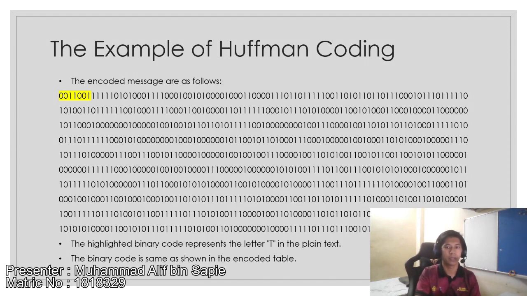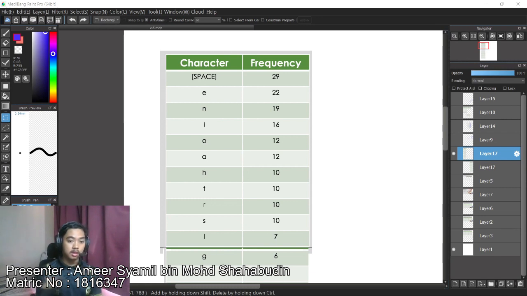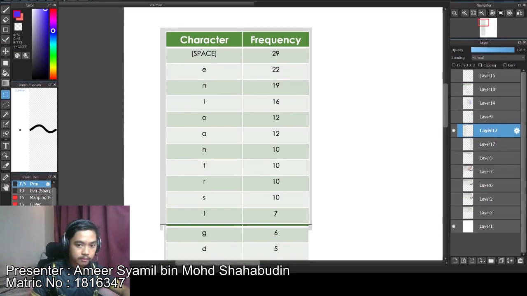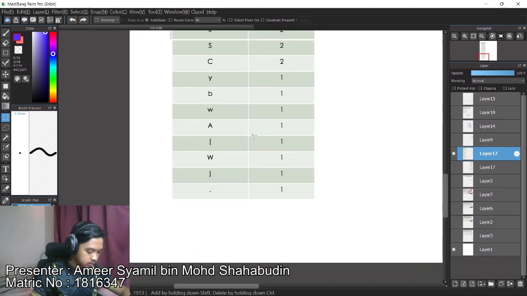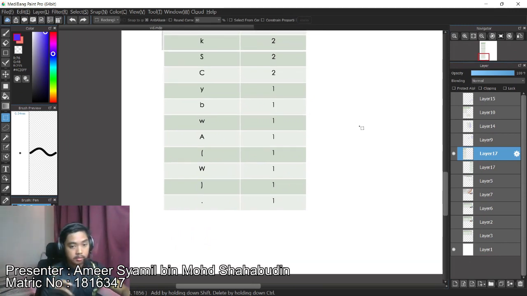So now, as Alif showed in the slide before, the characters are already arranged in decreasing order. So the top will be space with the highest frequency of 39, and the bottom one is the lowest frequency, frequency 1 over here. What we're going to do is take the pair of the lowest frequency.